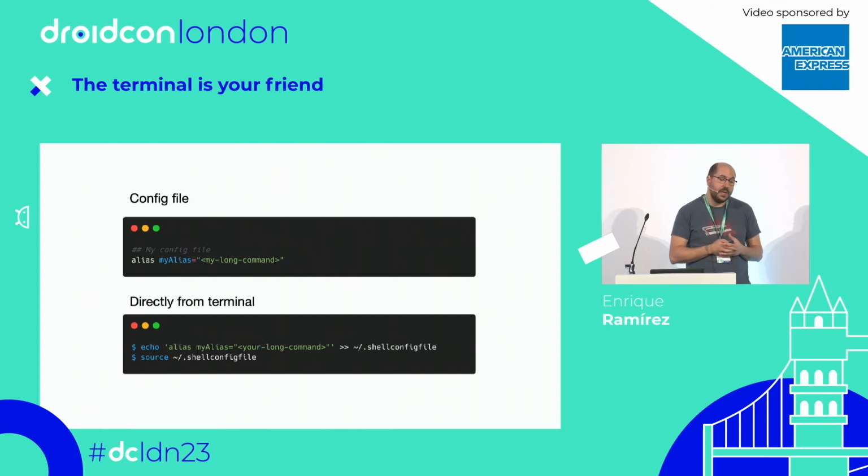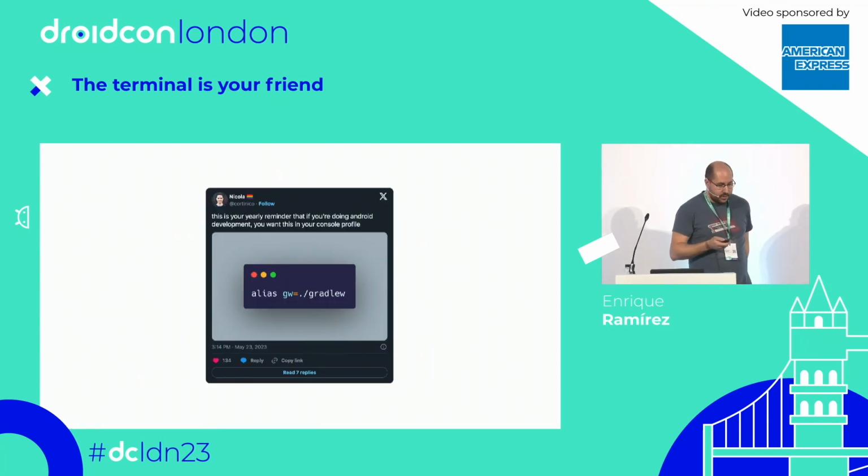You don't even need to go into your config file. You could just use the echo command, write the name of the alias, and then use the output redirection operator to append it to your shell config file, whichever your config file is, and source it again, as I mentioned.